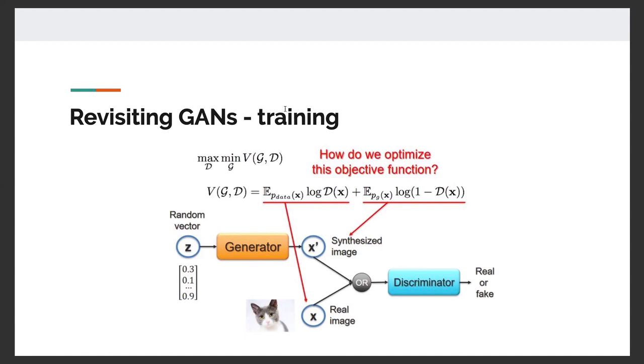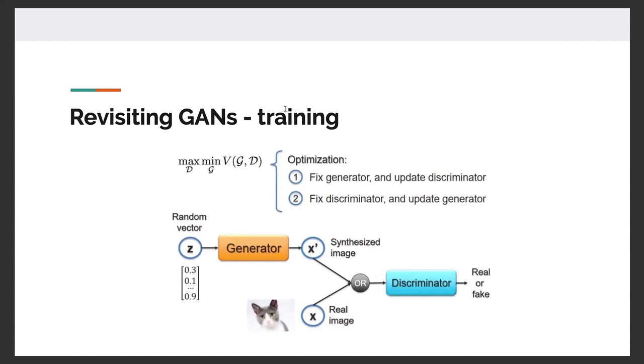So how are we going to optimize this objective function? The way we do the optimization is, first, we fix the generator and update the discriminator, and secondly, we fix the discriminator and update the generator.